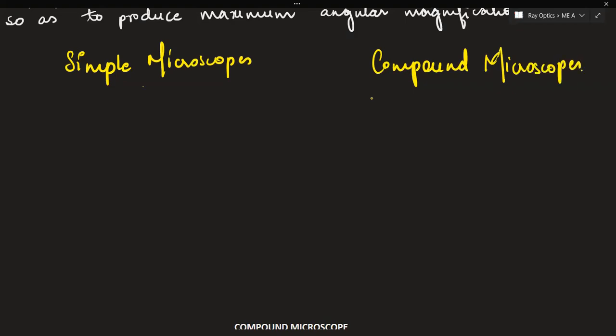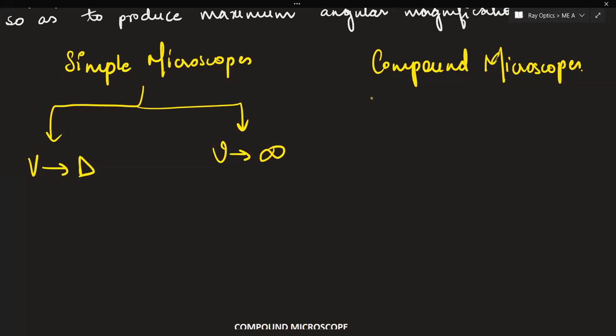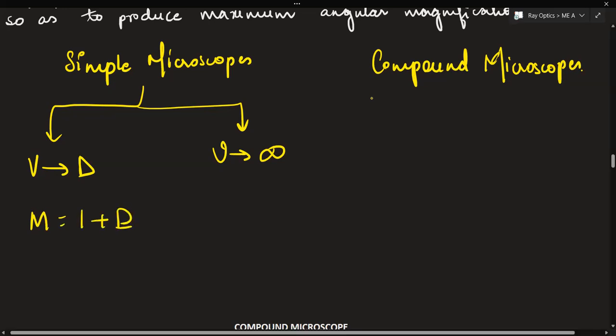In case of simple microscope, 2 cases we have. Always we'll take 2 cases. One was when the final image was at least distance of distinct vision. Second case was when the final image is formed at infinity. For least distance of distinct vision, magnification's formula was 1 plus D by F. This was the formula. And for simple microscope at infinity, it was simply D by F.